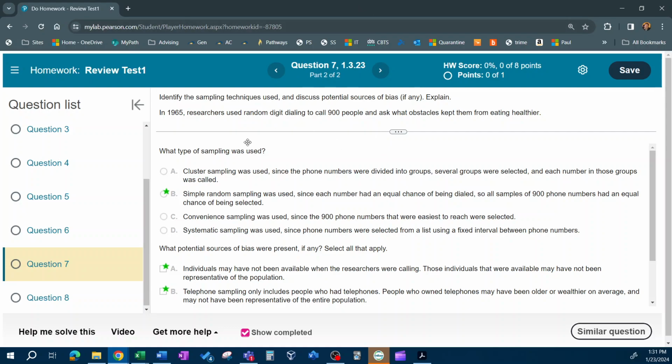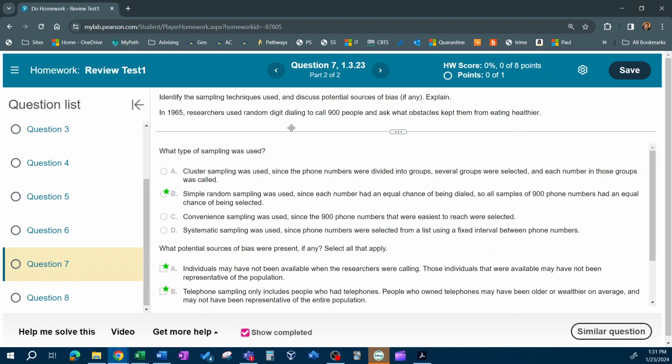So let's look at this sampling technique here. It says, identify the sampling technique used and discuss potential sources of bias. All right, in 1965, researchers used random digital dialing to call 900 people and ask them what obstacles kept them from eating healthier. All right, so this is just a random sample, right?